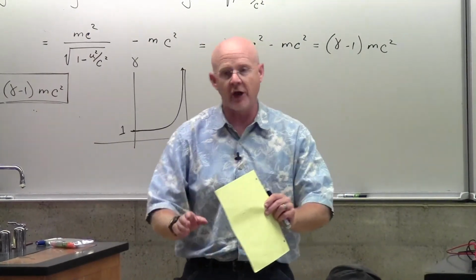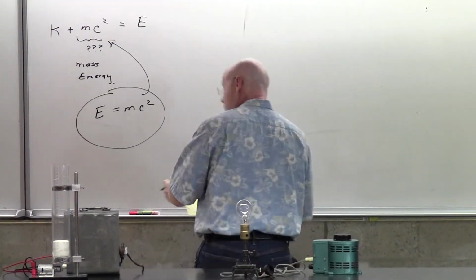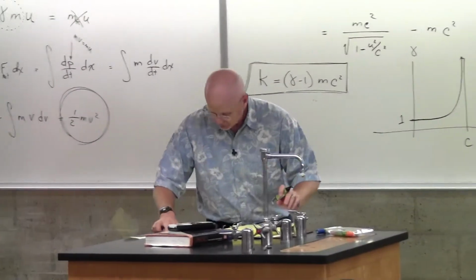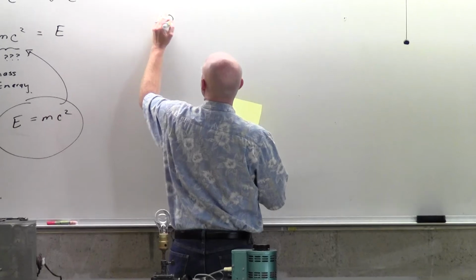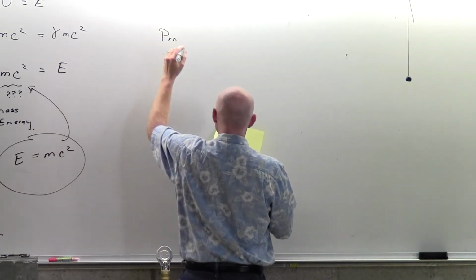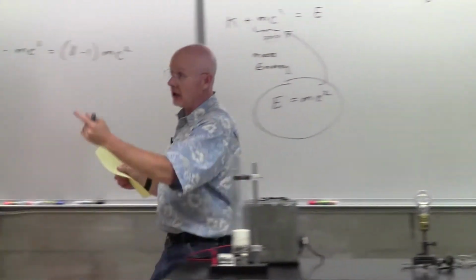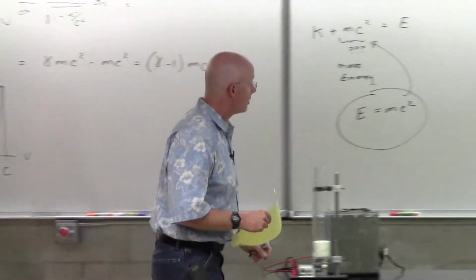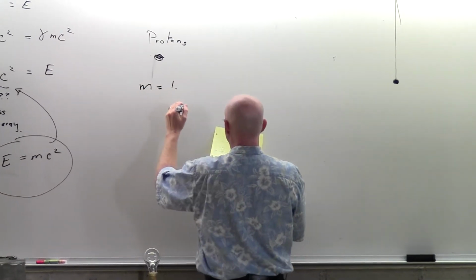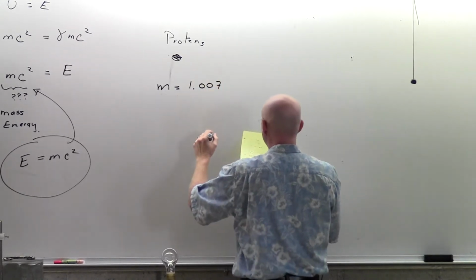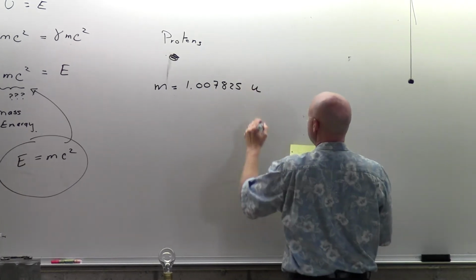Something that was never even thought of before, but the early scientists knew this much. If you take a proton and you weigh it, which is essentially the nucleus of helium, if you're not familiar with your chemistry, and you weigh it, it has a mass of 1.007825 atomic mass units.